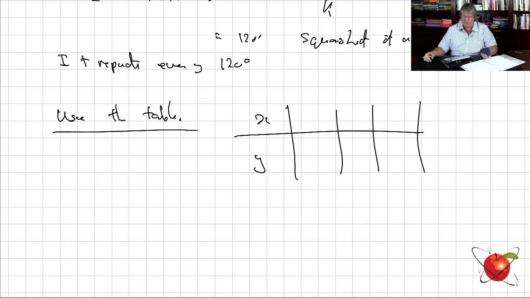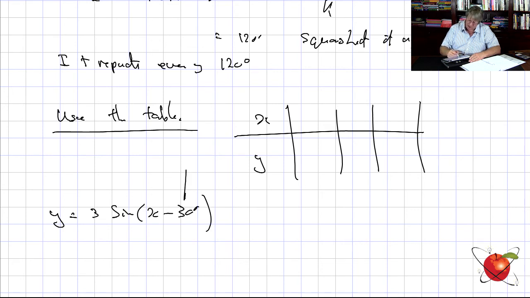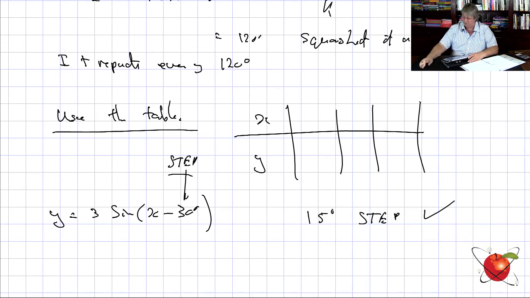If you've got a graph of y equals 3 sine x minus 30 degrees, put your step to make sure that you catch as many of those as possible. But you can put it at 15, because 15 covers your 30s, your 45s, your 60s, and your 90s. A 15 step is a good one, worth using.